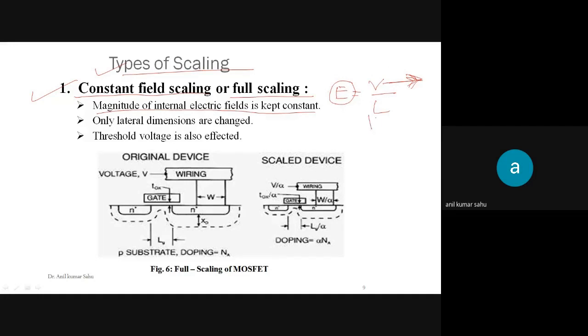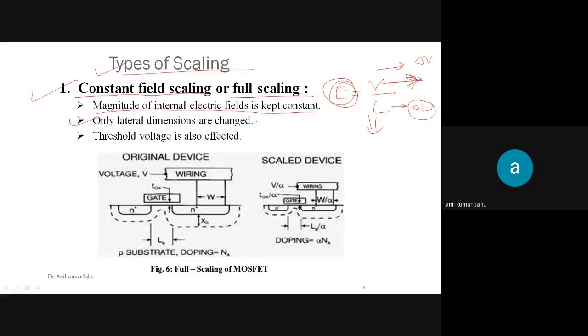Suppose after the scaling we want to keep the electric field constant. Here the lateral dimensions are changed, which means we have to change these dimensions, and we also have to change the threshold voltage, and this voltage also.